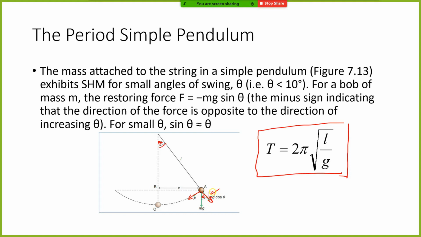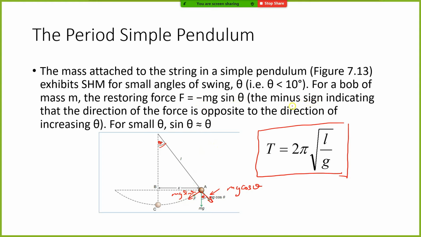that this side is going to be mg cos theta. And if this side is cos theta, then the other component of the vector is going to be mg sine theta. But it is not just simply mg sine theta. It's actually going to be negative mg sine theta.